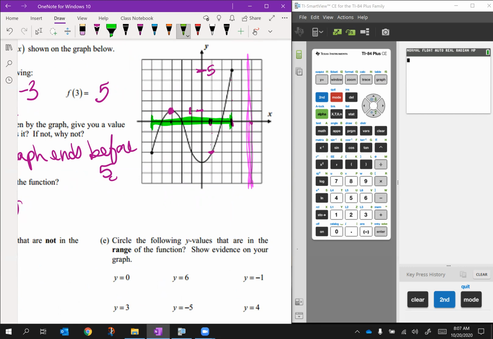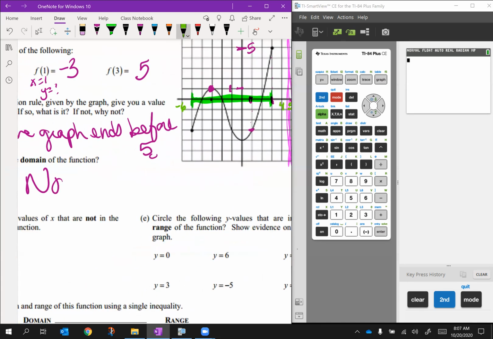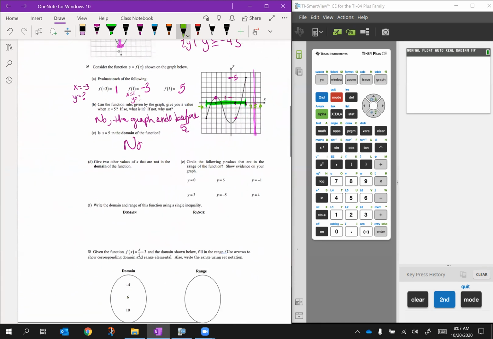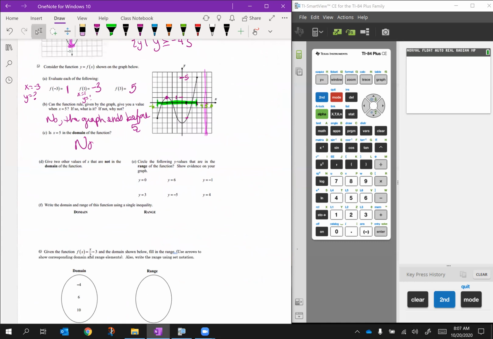So if I'm going 1, 2, 3, so 4 is not in it, 5 is not in it, 6 is not in it, -1, -2, -3, -4, -5, -6 is not in it. So anything that's outside of the -5 to 3. So I could say -6, I could say 4, I could say 5, I could say 6, anything larger, anything smaller.